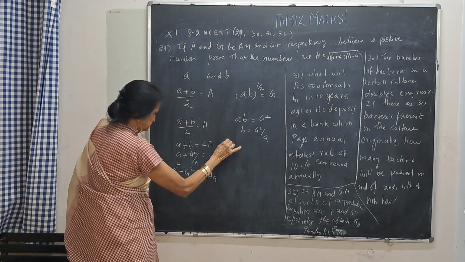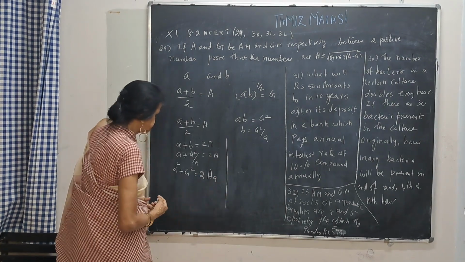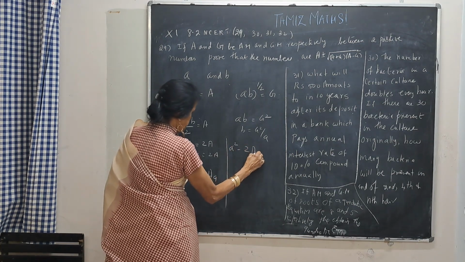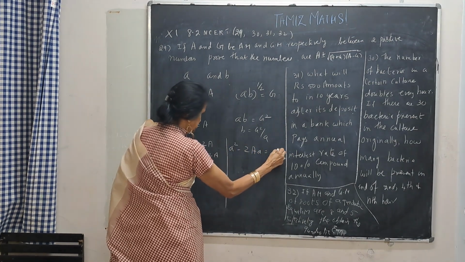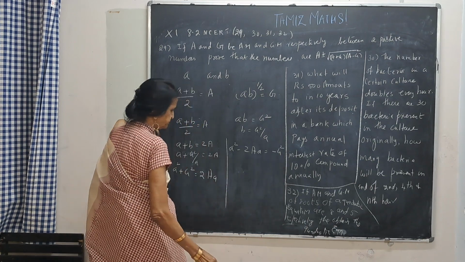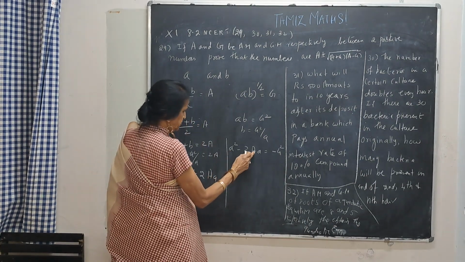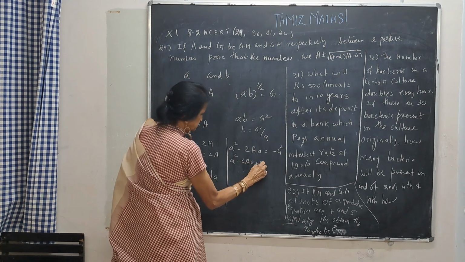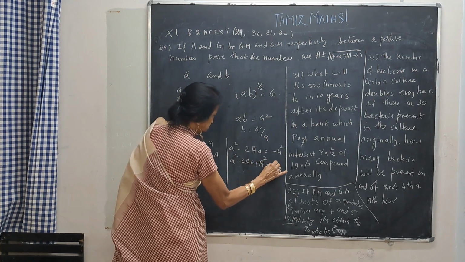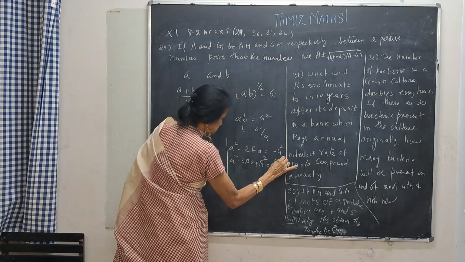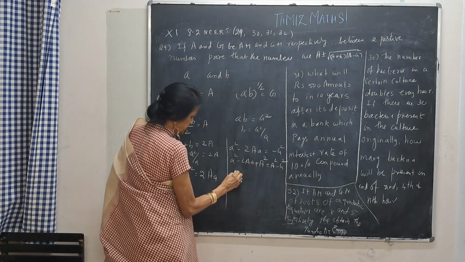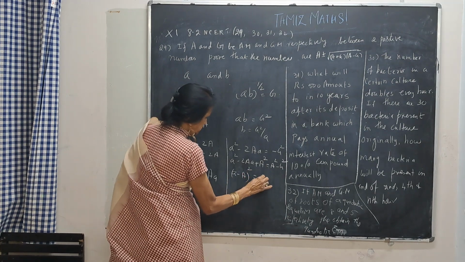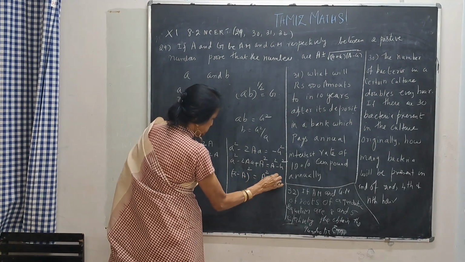Now this will be a squared minus 2Aa is equal to minus G squared. Add capital A squared on both sides. What is this? (a minus A) whole squared is equal to A squared minus G squared.